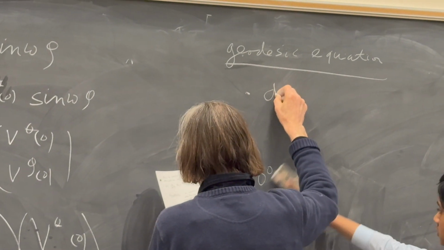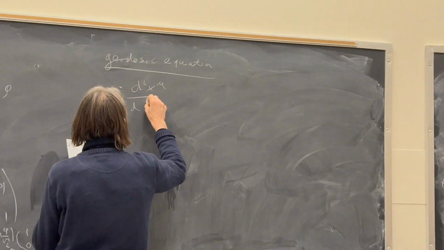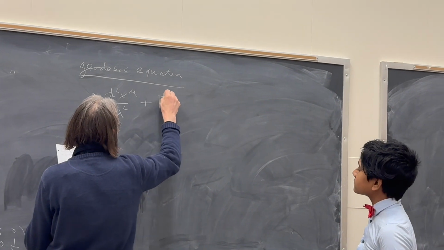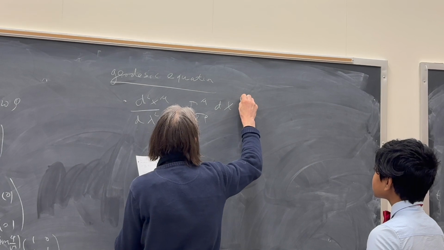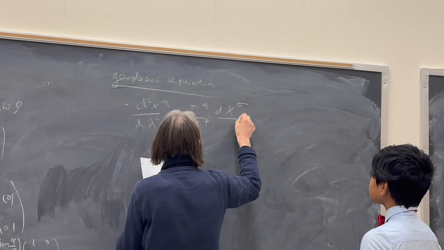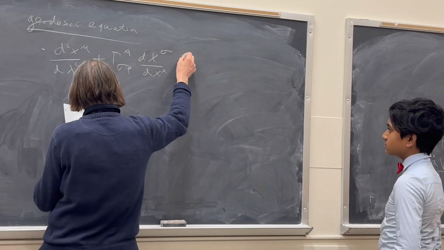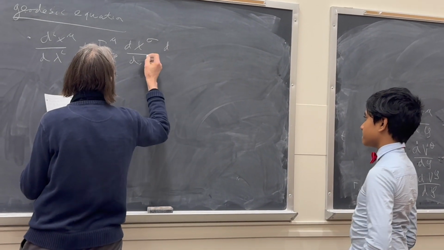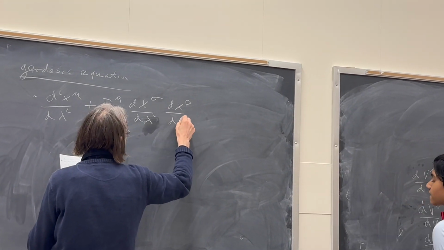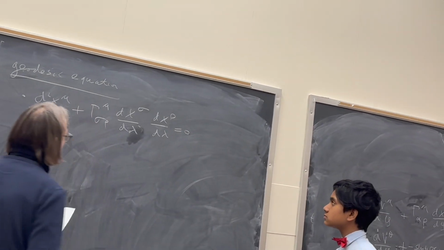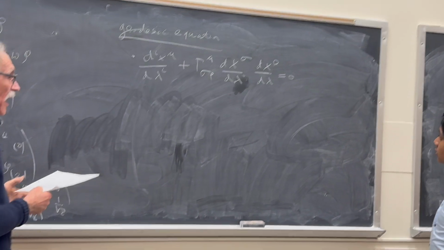And that is d squared x mu d lambda squared plus gamma mu sigma rho dx sigma d lambda dx rho d lambda is equal to 0. So it's in this equation, the geodesic equation.